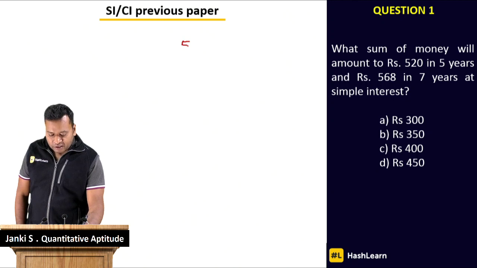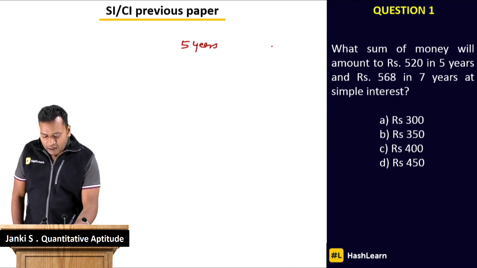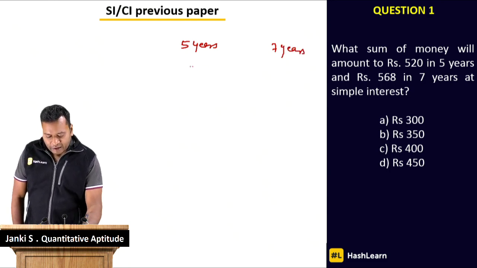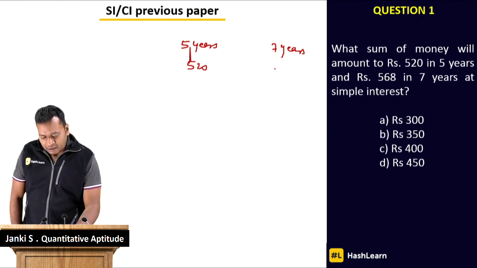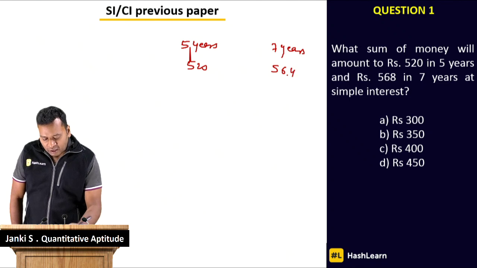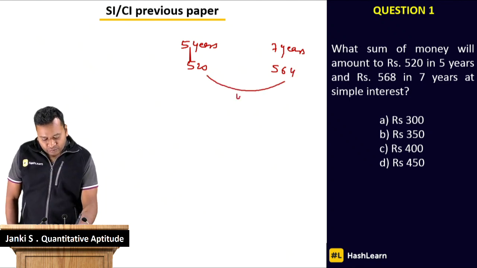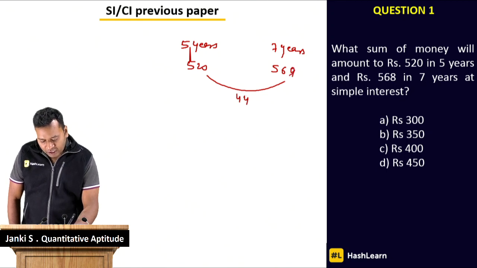In 5 years my value, let's mark 5 years and then it's about 7 years here, right? So in 5 years my value is nothing but 520 and in 7 years it's nothing but 568. So in 2 साल में मेरा interest कितना हुआ? मेरा interest हो गया 48.